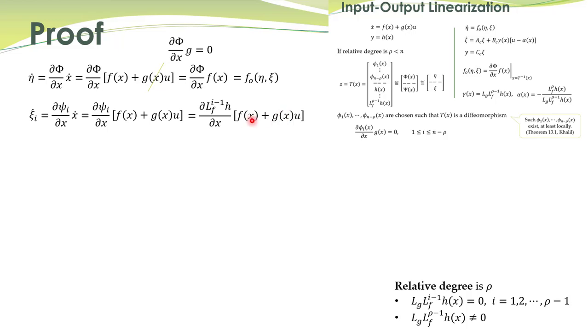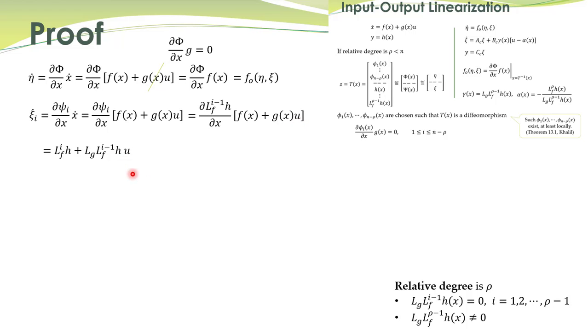The rest of the term is the same, and this is equal to this term multiplied by f of x, that is nothing but the ith Lie derivative of h along f of x. And what is this term multiplied by this thing? This is Lg Lf i minus 1 h, and u is this u.